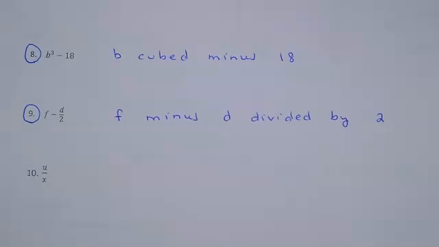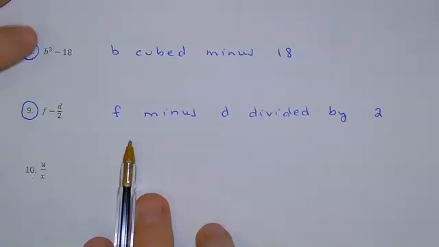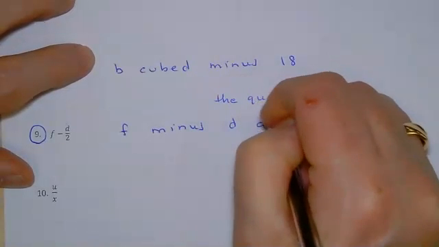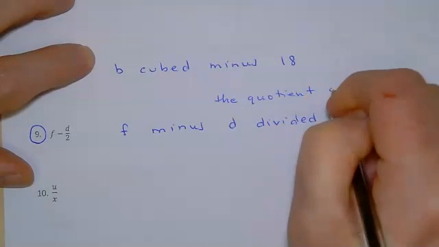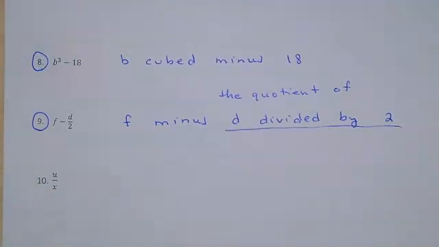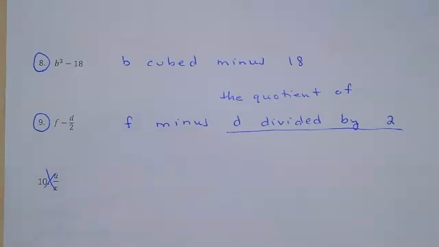All of it. So you have to put parentheses around it. So we would have to say F minus the quotient of D divided by 2. I think that's how we would fix that one. What do you think? Let's skip that. We have to go back to number 5 and do something different there.